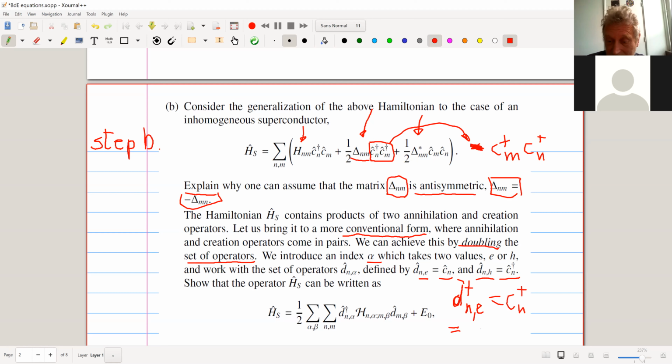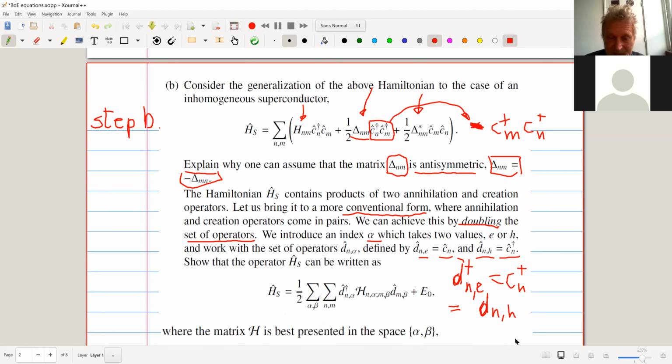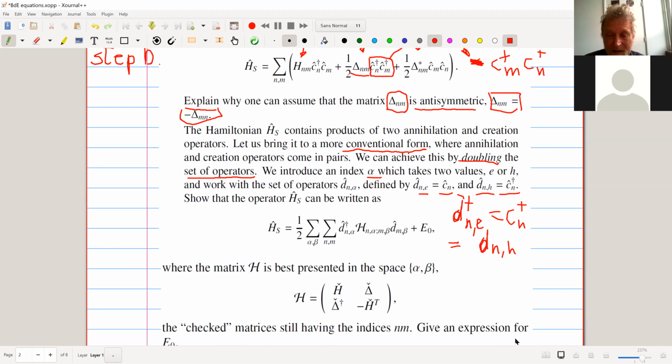This is actually d_n^H. So each operator in the set comes twice. It's a doubling of the set. So what is the use of it? The use is that we can rewrite it.